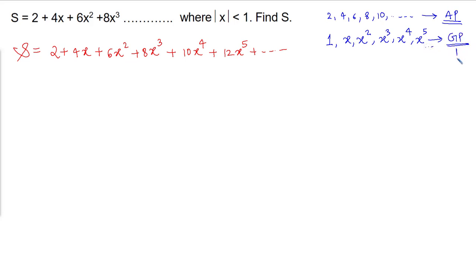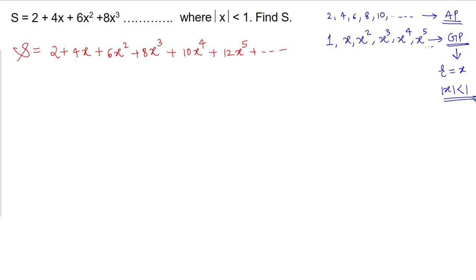In the geometric progression, the value of r is x, and we know that mod of x is less than 1, it is given in the question. So over here this is a combination of arithmetic progression and geometric progression. We can call it AGP.